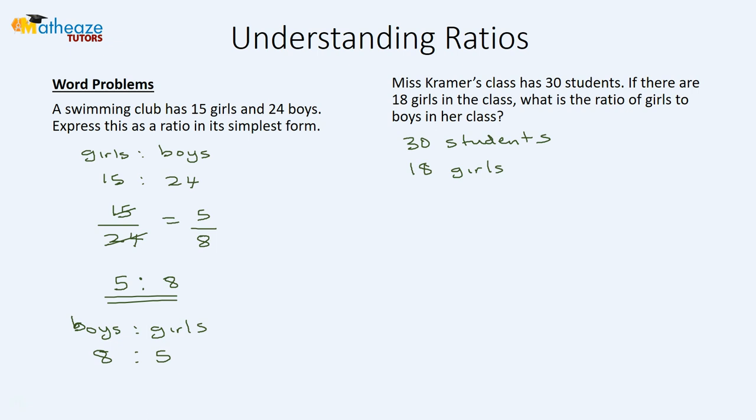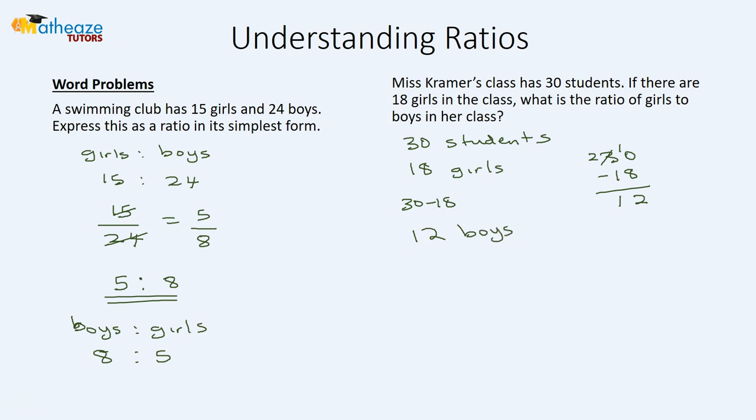If we have 30 students in the class and there are 18 girls, that tells us that 30 minus 18 would represent the number of boys. So 30 minus 18 is 12. So we have 12 boys in this class.